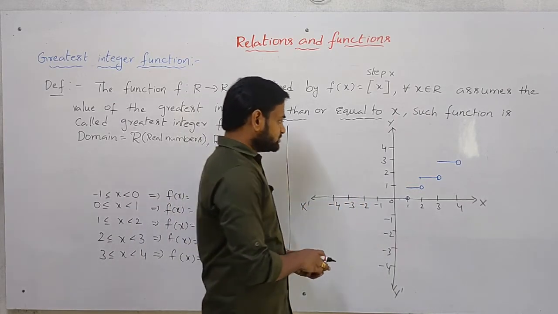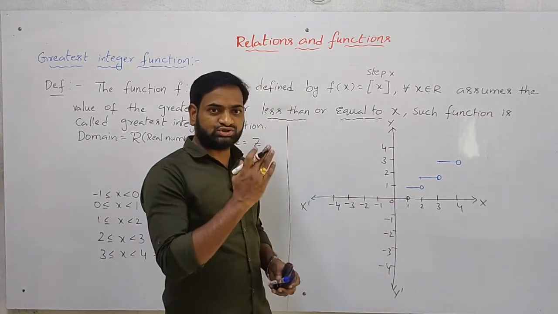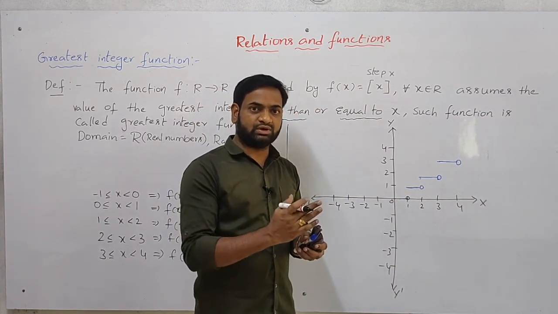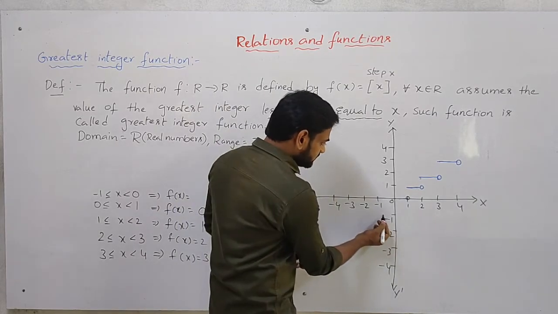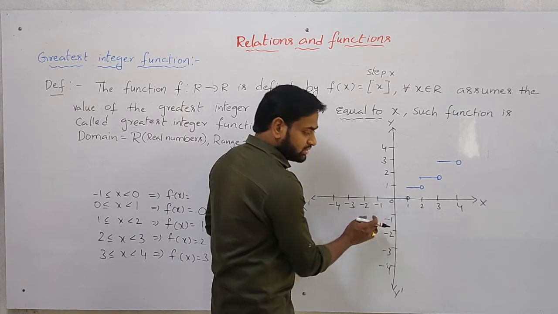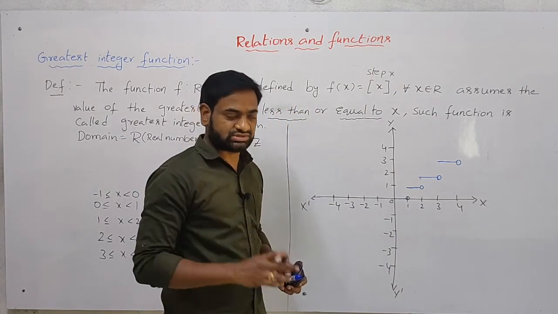So you take any value between 0 and minus 1. Between 0 and minus 1, the least value is minus 1. So the answer is minus 1.